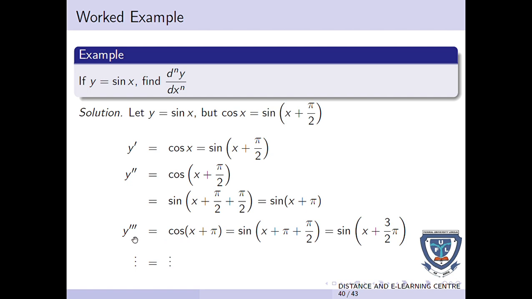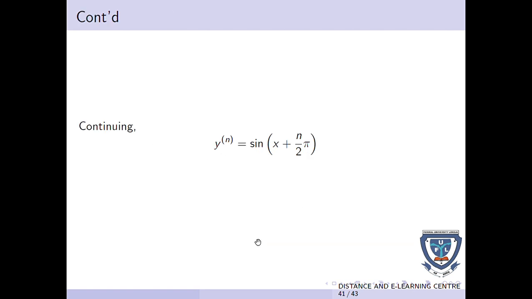The third derivative, the same thing, and we discover that there is a pattern here. The reason for doing this is that we want to create a pattern which we can use to generate the nth derivative, and this is what we now have. Continuing, we discover that y, the nth derivative, will be equal to sine of x plus n pi over 2.